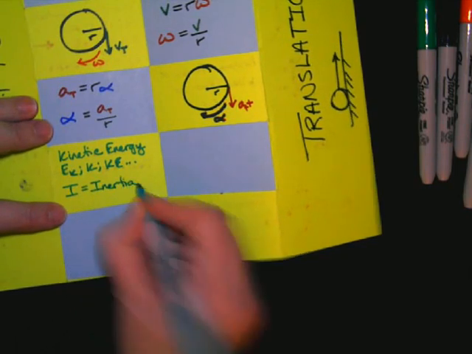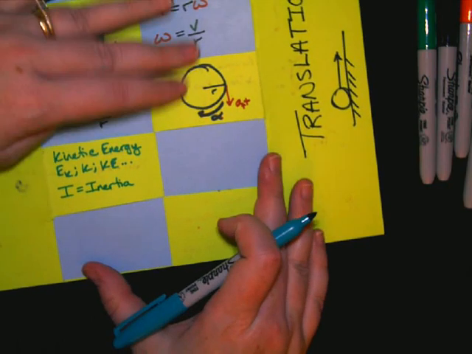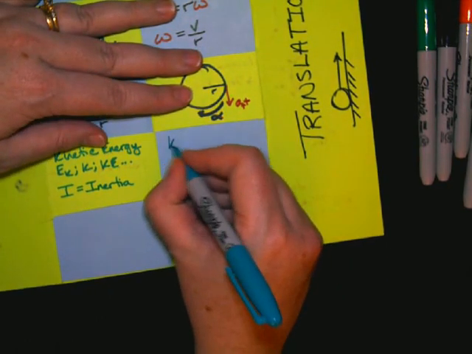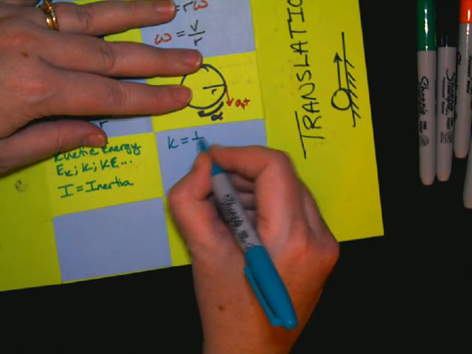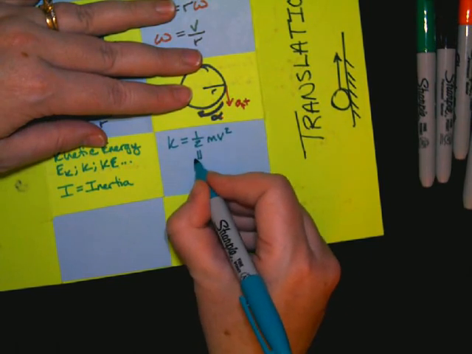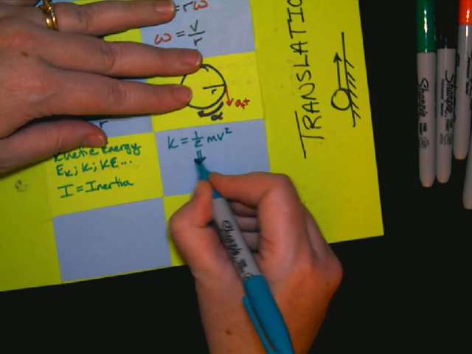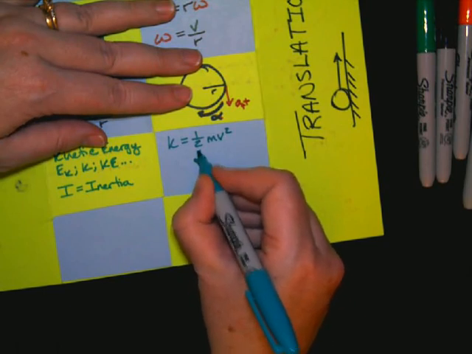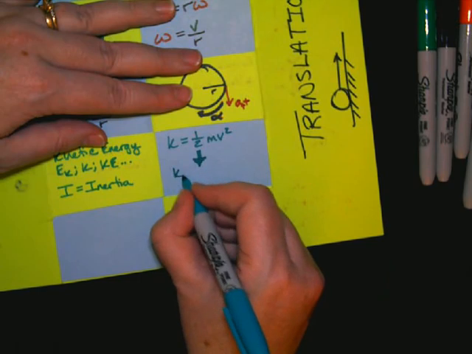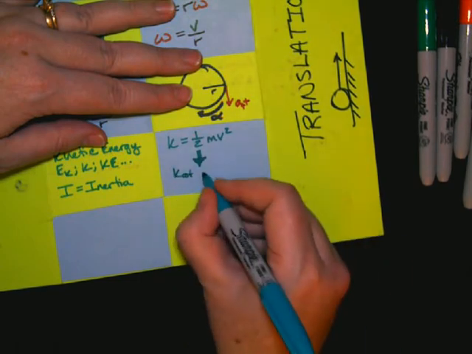So what happens here, and I'm going to just write them over each other, is kinetic energy we have seen as 1/2 mv squared. But in rotational, we've had stuff change, right? So we have K rot is what I call it. And so we've already seen that that 1/2 will still be there.